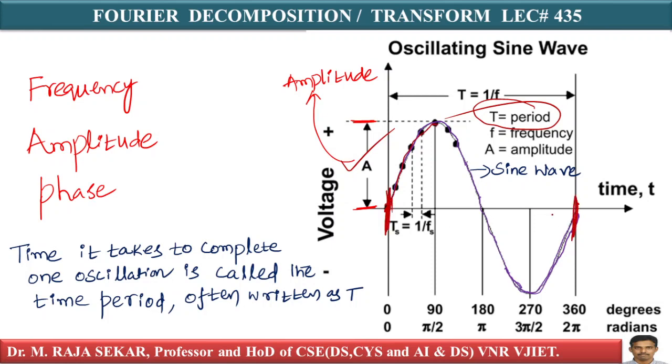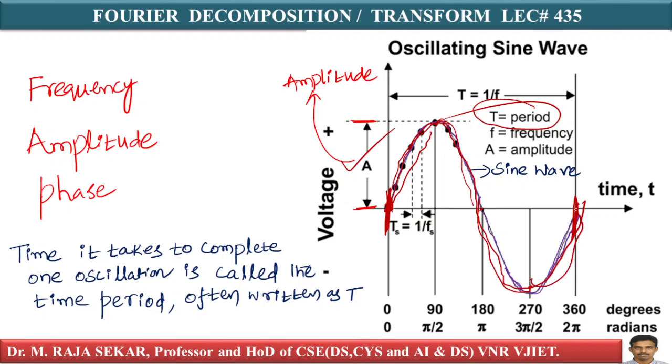This is known as one oscillation. You are starting here and going up, and again you come down and reach the minimum, and then it comes up.